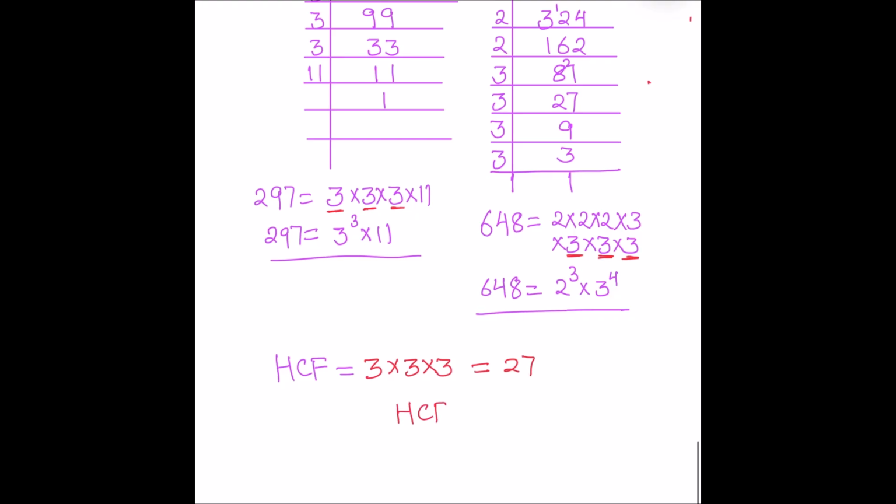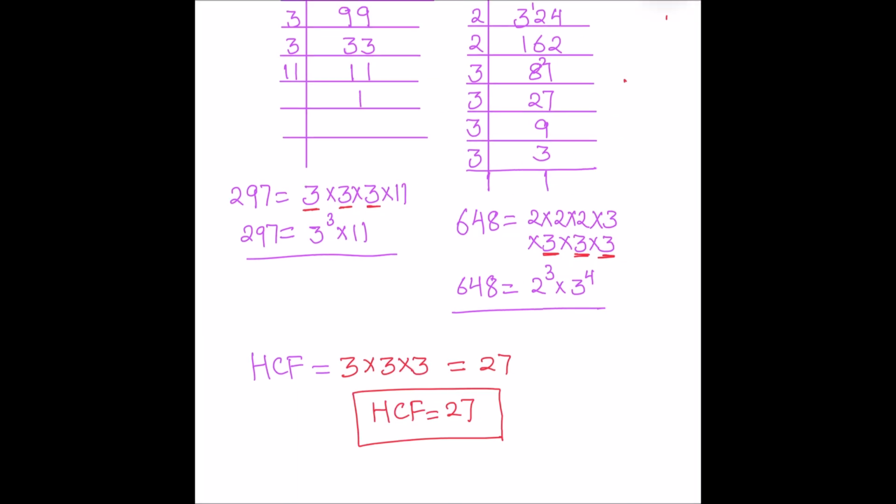So the greatest number that divides 306 and 657 leaving a remainder of 9 is 27. Let's write our final answer.